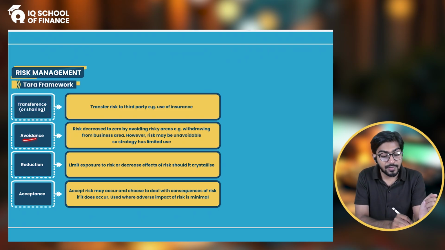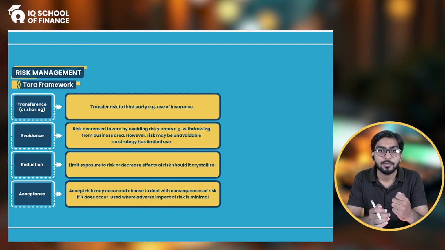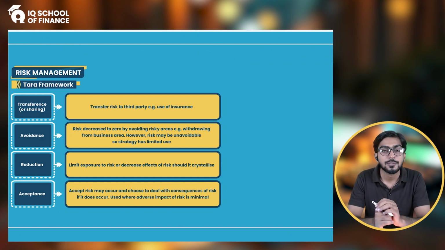All right. Then we have avoidance. Avoidance means that you avoid the risk from the very first place. That means that you don't do that activity. For example, if I ask you to do a wheelie on a bicycle, and if you do this, I will give you a reward of $10,000.